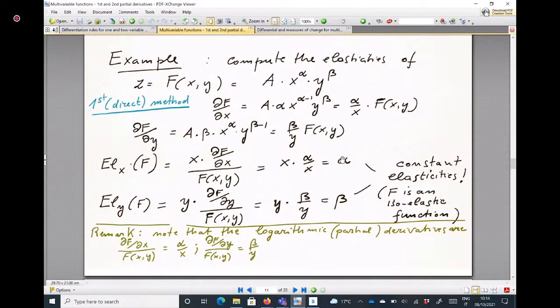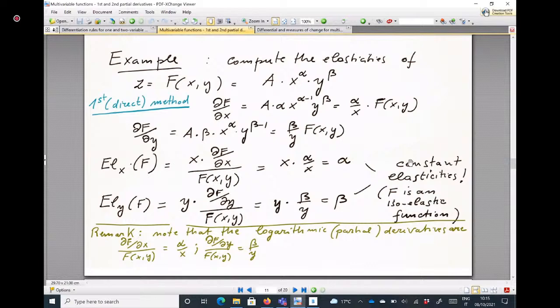And they are constants. This sensitivity measure, this ratio between relative changes for power functions, does not depend on the particular level you start with, okay? They are constant. They do not depend on x and y.